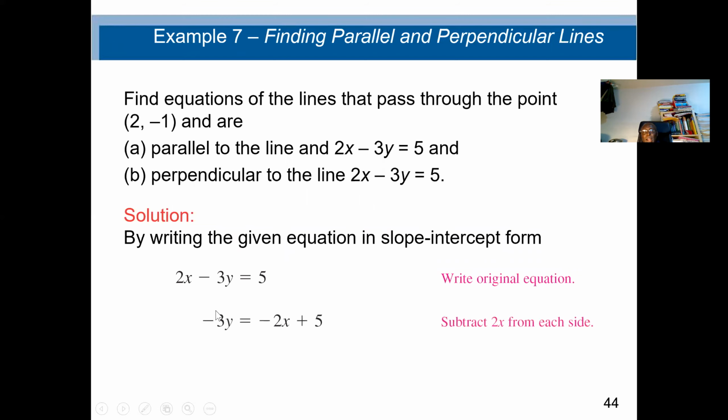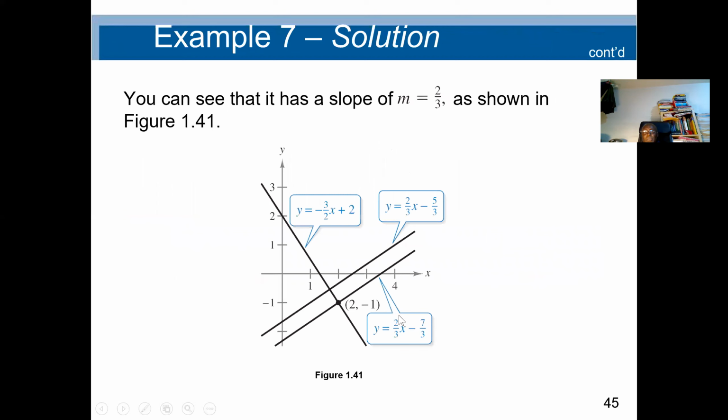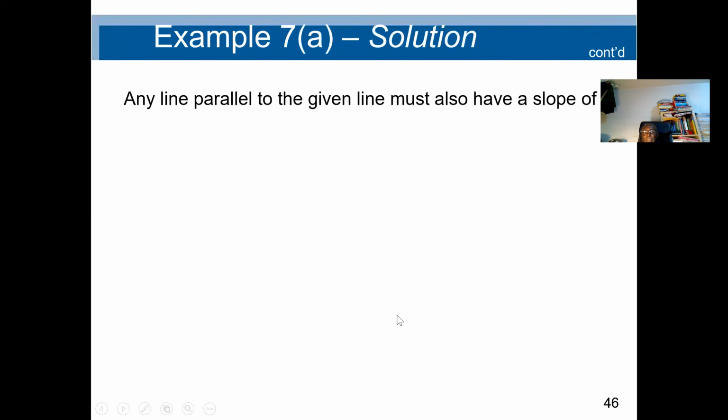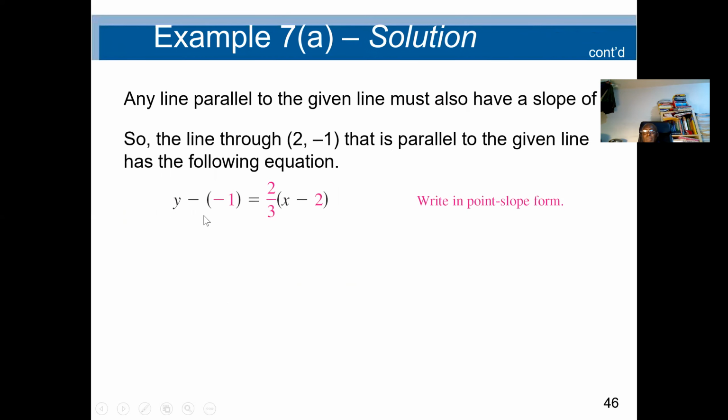So we solve for y, and we get y = 2/3 x - 5/3. So we know the slope will be 2/3. Now, if I know the slope is 2/3 and I have one point, I just plug in the values, and then we get the answer, y - 1 = 2/3 (x - 2), using the point-slope form. The point-slope form we always use to write an equation.